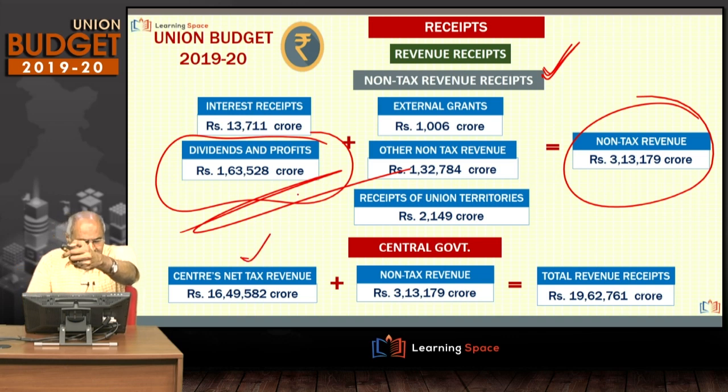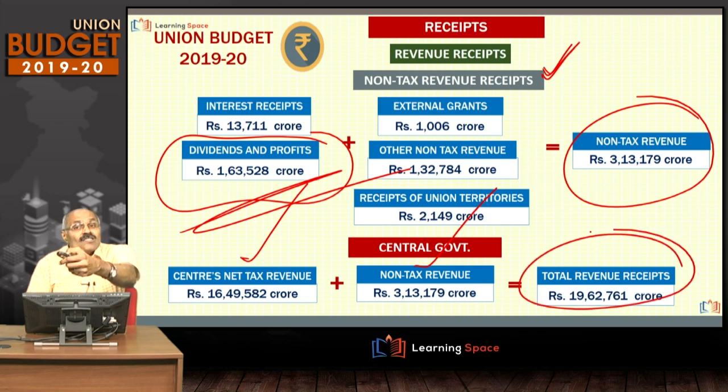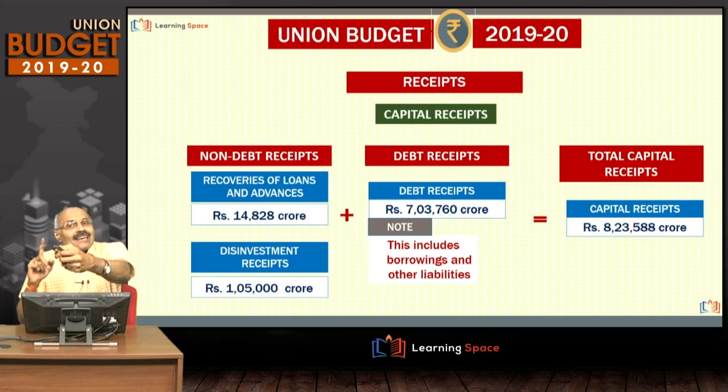And we have seen the center's net tax revenue in the previous slide, and non-tax revenue which is not required to be shared with the states, and put together it is coming around 19.62 lakh crores. This is total revenue receipts, right? So total revenue receipts for the center are around 20 lakh crores of rupees, right? Then let us look at capital receipts.